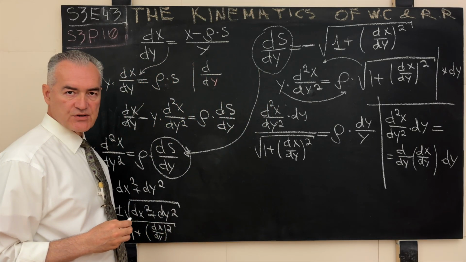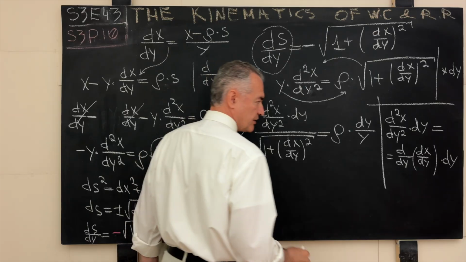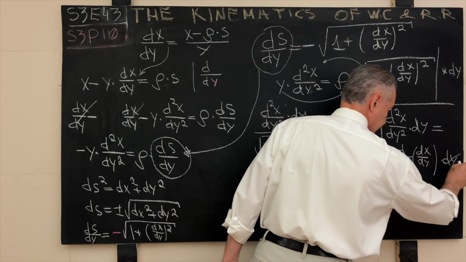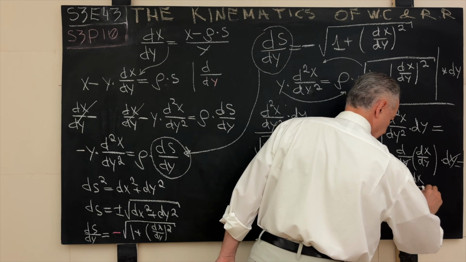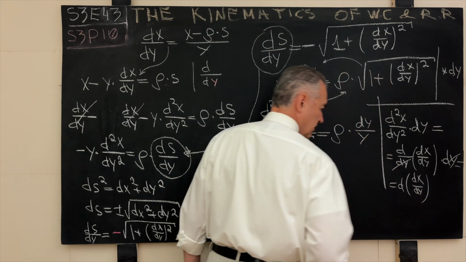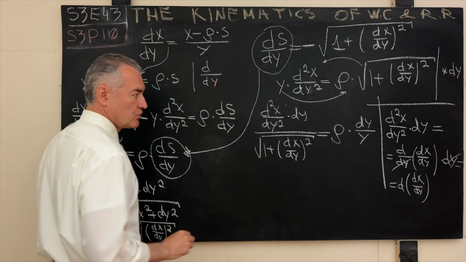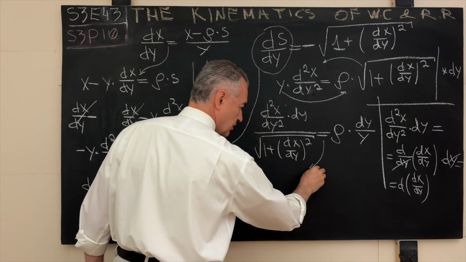What do you see? What magical cancellation do you see over here? The first differentials dy cancel out, and we have the first differential of this quantity, dx over dy. You see, this is what we have. So from here, we move into here.